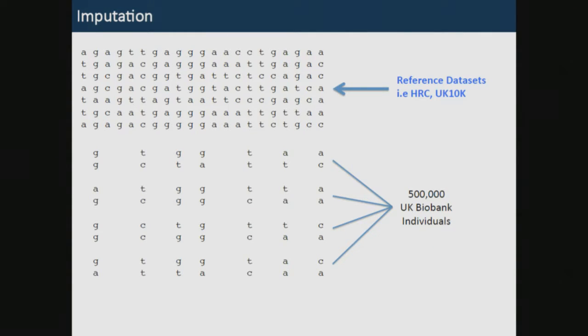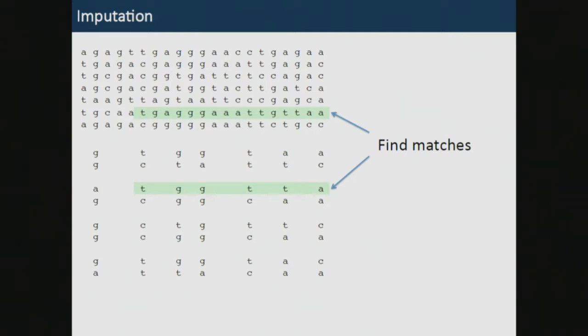Well, what we can do is we can take the genetic code of the Biobank participants, and we can try to find matches of sequence, so short stretches of sequence, that match with the genetic material in these databases. And because we all have shared ancestry, we have shared genetic material, and we can use that shared genetic material to predict or fill in the gaps in the UK Biobank dataset.